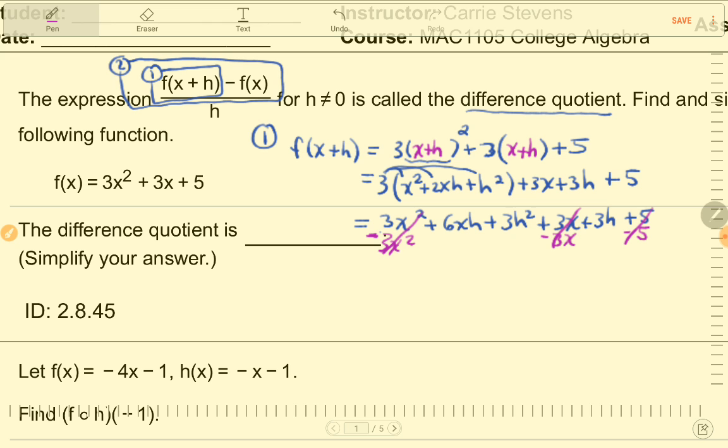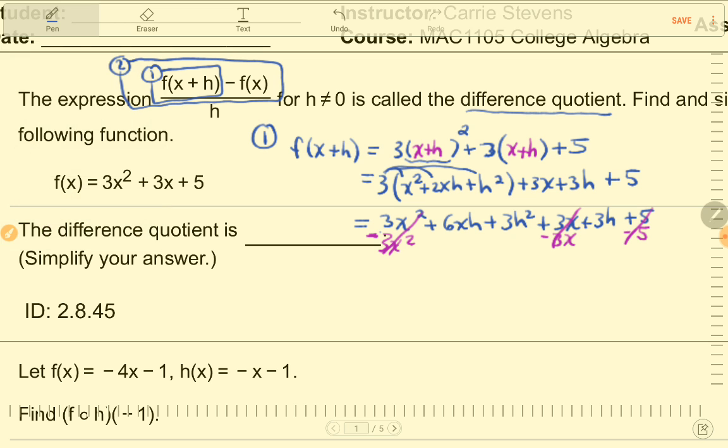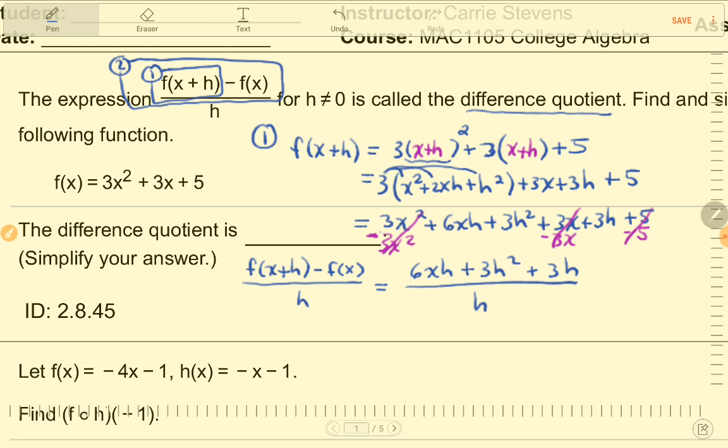So now this result, f of x plus h minus f of x, I'm about to put that over h. So I can take what's left over here, 6xh plus 3h squared plus 3h, and all of this over h.